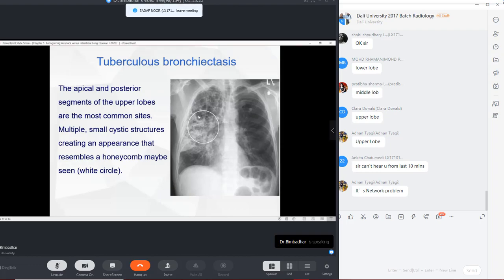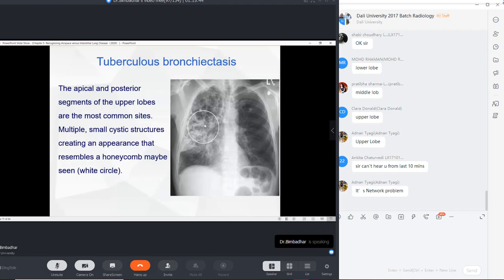Okay. See, now you see here there are small radiolucencies present in between, which we call cystic spaces. And such a typical presentation is called tuberculous bronchiectasis. When we learn about bronchiectasis and bronchitis diseases, I will repeat this once again.